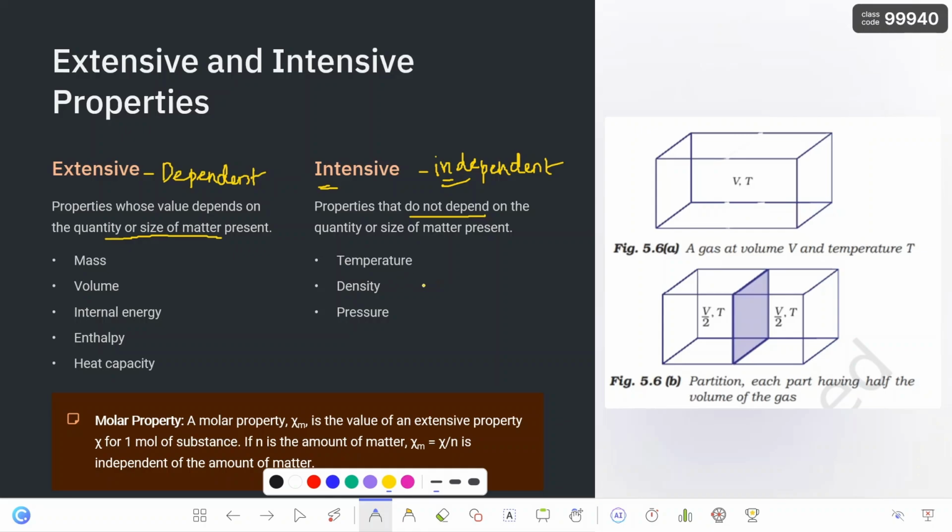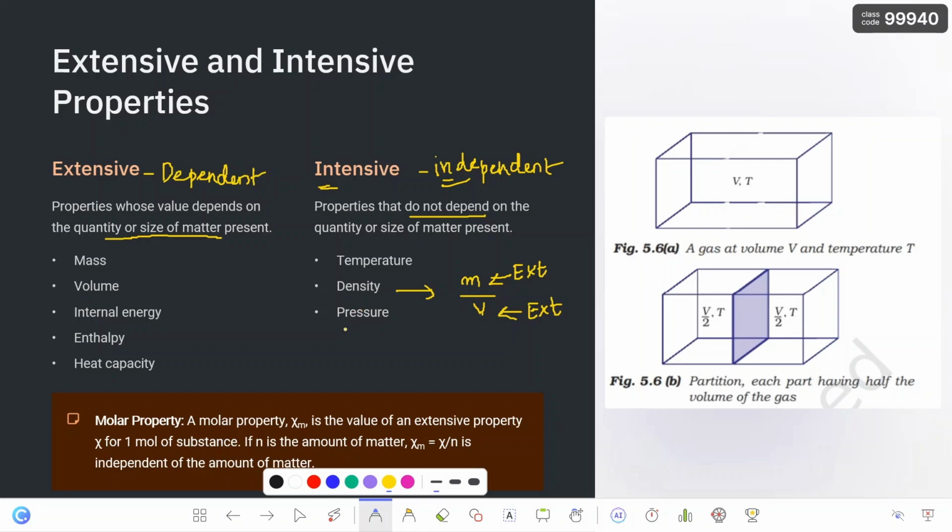Similarly, density: density is equal to mass by volume. Mass is an extensive property, and volume is also an extensive property, but when we take the ratio mass by volume, it is an intensive property. We need to remember that.